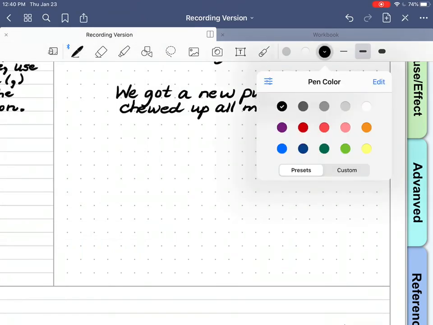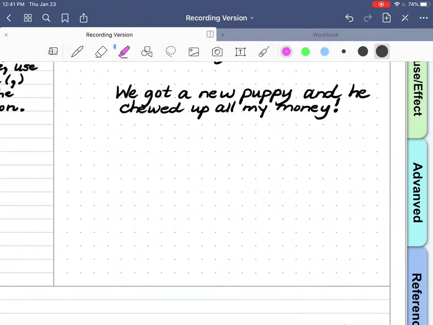She got into my purse and chewed up all of my money. It wasn't $100, but I was still pretty angry. Okay, here is the first sentence. Here's the second sentence. And here is the conjunction. Comma goes where? Before the conjunction.